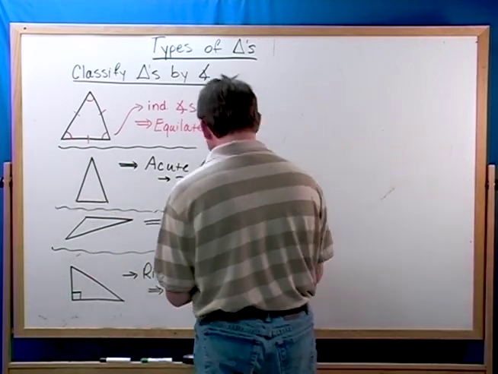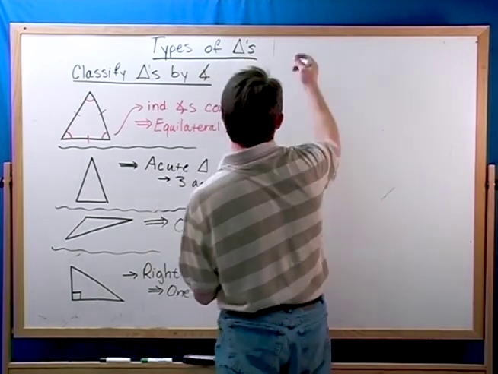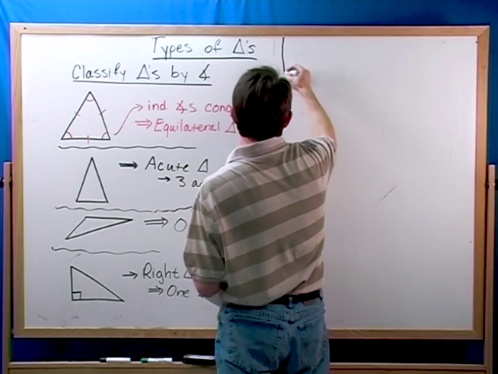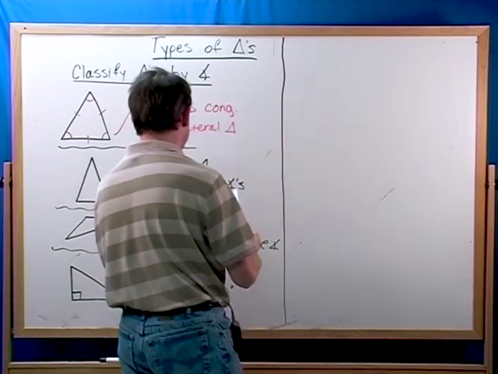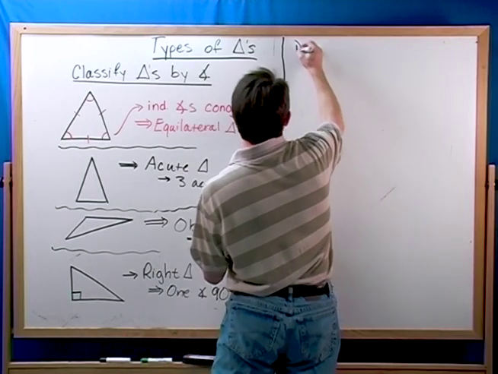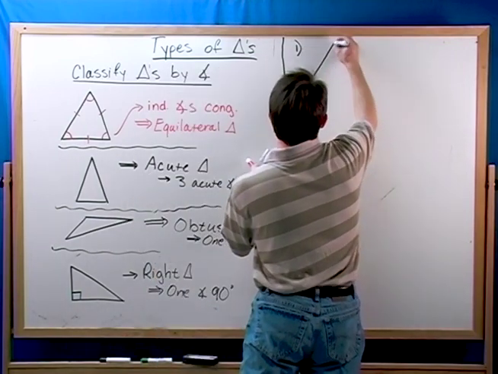Okay? So I think the best way to proceed is just go ahead and draw some more triangles on the board here. And we will get some practice applying exactly what was just learned. So let's say the first triangle that I have looks something like this.